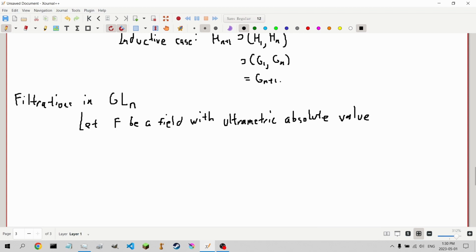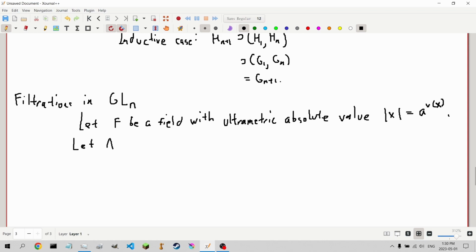And so essentially that's just an absolute value, which intuitively looks like the p-adic absolute value. So it just satisfies a slightly different condition than the normal metric. I don't remember what it is off the top of my head, but I know how it works intuitively.